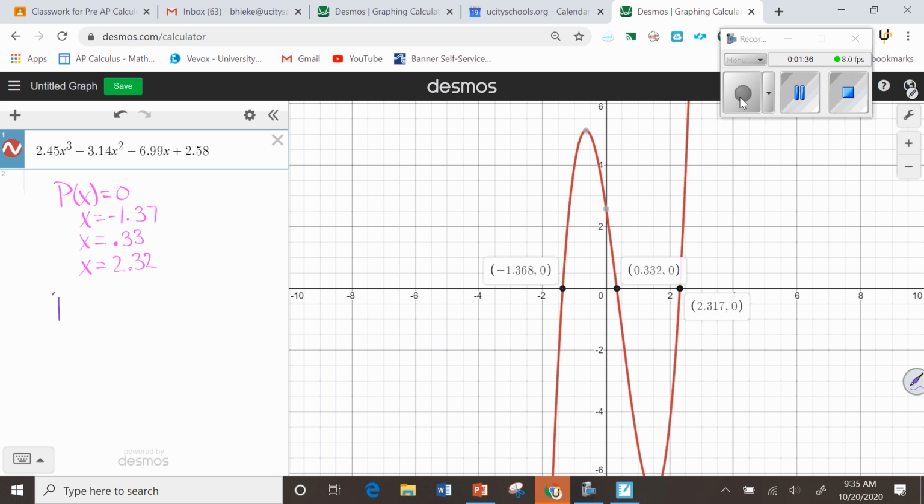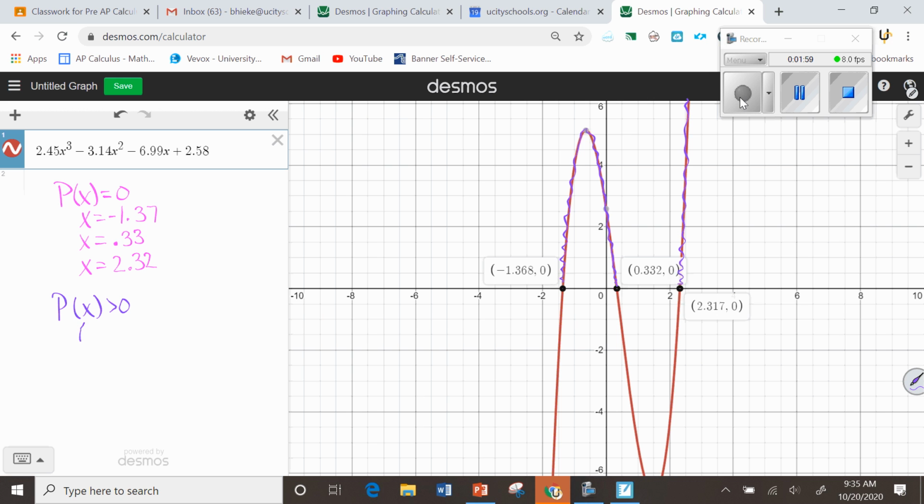greater than 0. When is this polynomial function greater than 0? That means when is it above the x-axis? So I'm going to trace over it. It's above the x-axis, all of this stuff between those two zeros, and then it's above the x-axis after the last 0. So we're going to write that in interval notation.